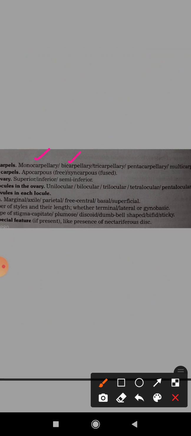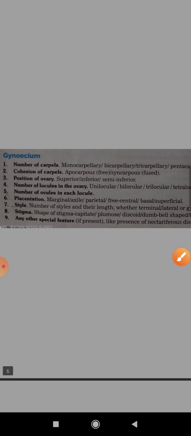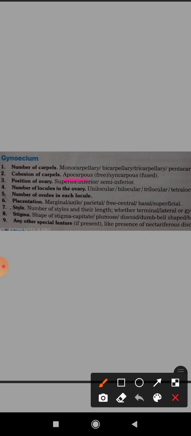right? So coming to the gynoecium, the number of carpels: if it is single, monocarpellary; if they are 2, then bicarpellary; if they are 3, tricarpellary; if they are 5, it is pentacarpellary; if they are more, multicarpellary. Now cohesion: apocarpous if they are free and syncarpous if they are fused. We talked about this also in the previous class.